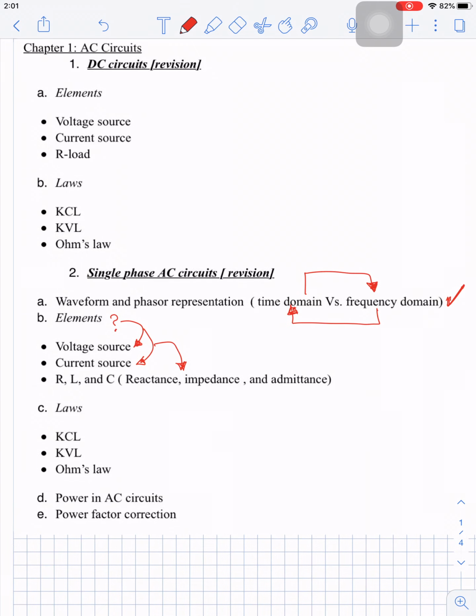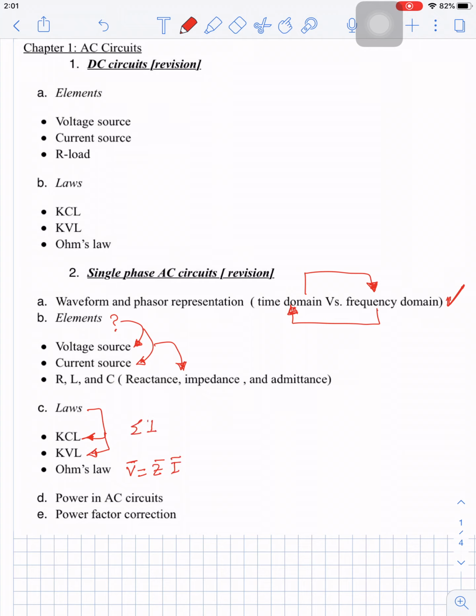Then we covered how we can apply laws in AC circuits, how we can deal with KCL and KVL, and we mentioned that we will do KCL and KVL in vectors instead of magnitudes. Ohm's law in AC circuits will be V equals Z I, where all are vectors.